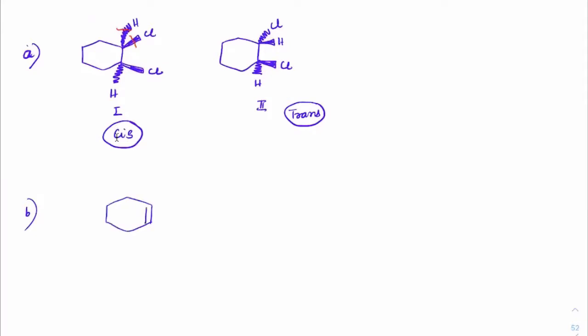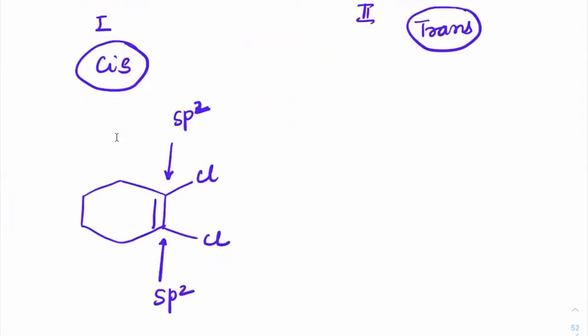B part. Suppose we have a double bond here and chlorine here and chlorine here. Observe very carefully that this carbon is sp2 hybridized, and this carbon is sp2 hybridized. So it demands planarity. So it has to be planar. You can see that this chlorine, this carbon and this carbon make a planar structure. So the structure would be like this, right?